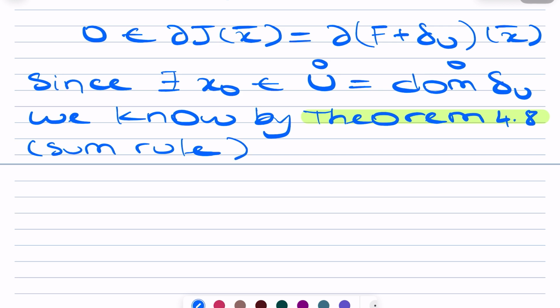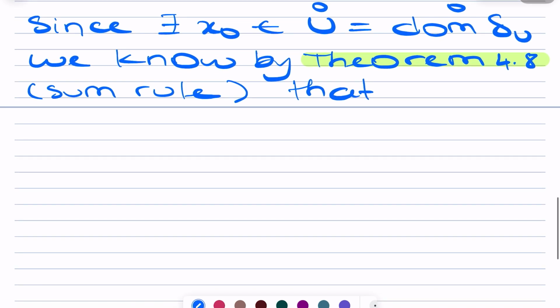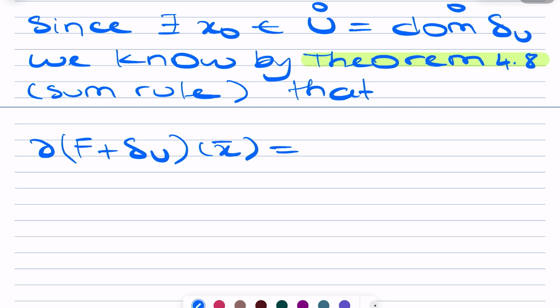So we know by the sum rule that the convex subdifferential of the sum of two functionals, f plus delta u, at the point x bar is equal to the sum of the convex subdifferentials: the convex subdifferential of f at x bar plus the convex subdifferential of delta u at x bar.